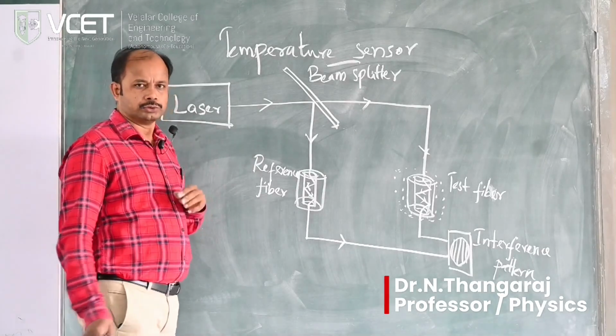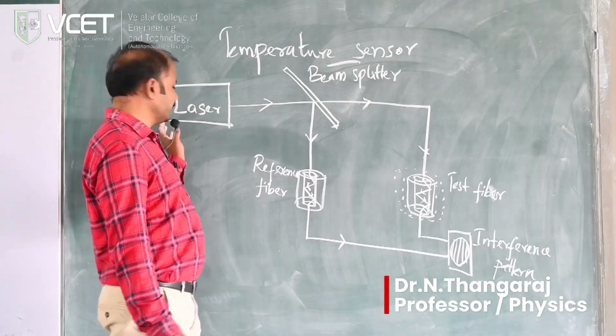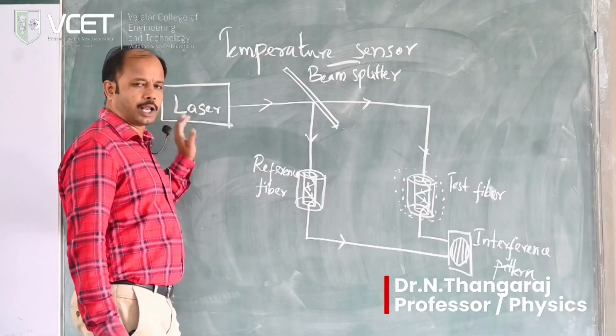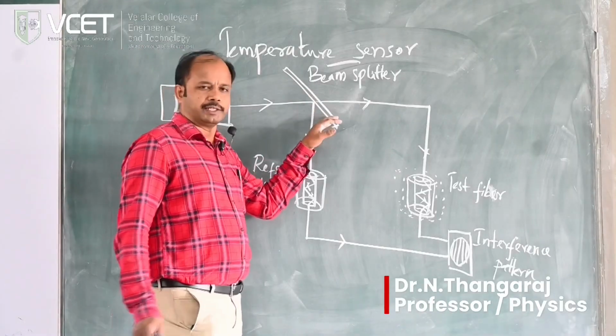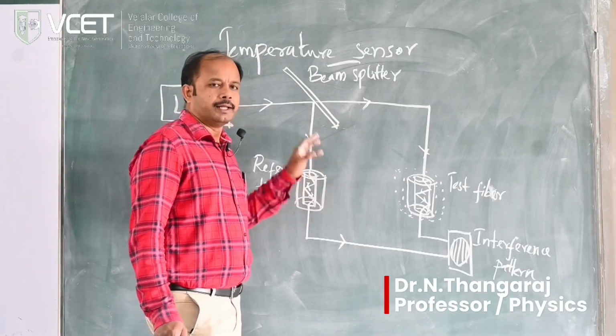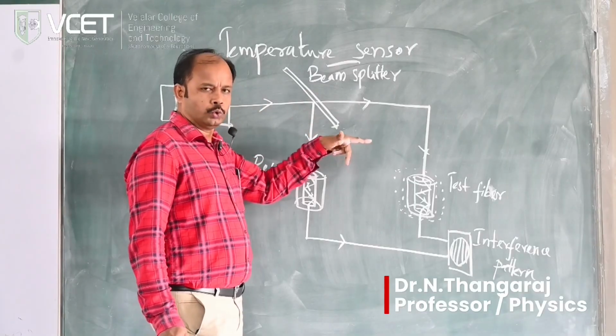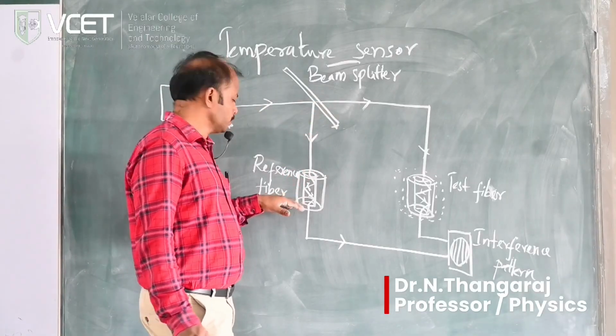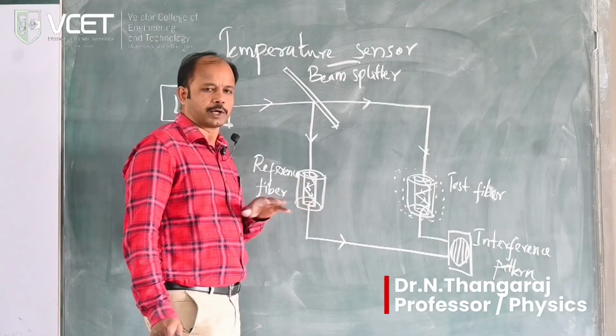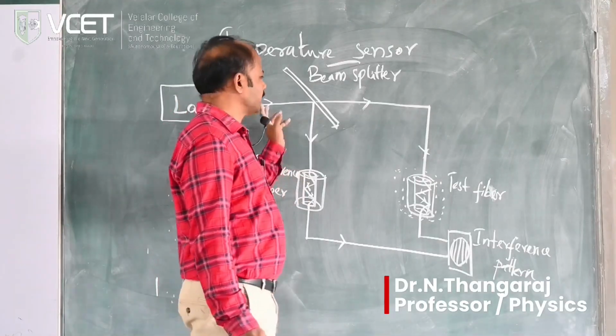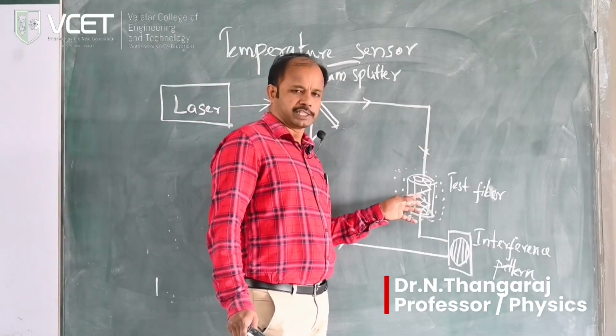Now we are going to explain the working. When the laser beam is allowed to fall on the beam splitter, what happens? The beam splits into two. One beam is sent to the reference fiber, which is only for reference purposes. Then the other beam is sent to the test fiber.